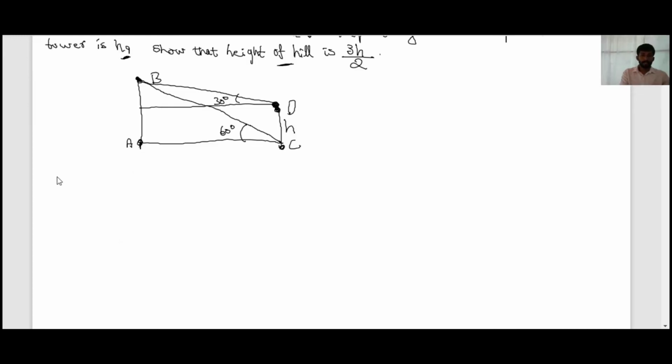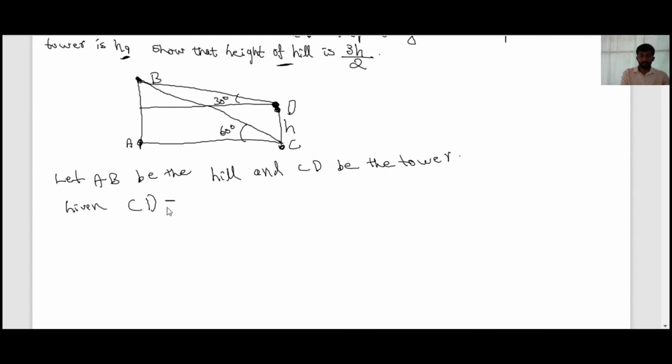Here I will write, let AB be the hill and CD be the tower. Now see, here I'll take one point E. Then CD is equal to AE, why? Opposite sides of the rectangle are equal. CD is equal to AE is equal to h given. Also, I'm taking AC is equal to y.